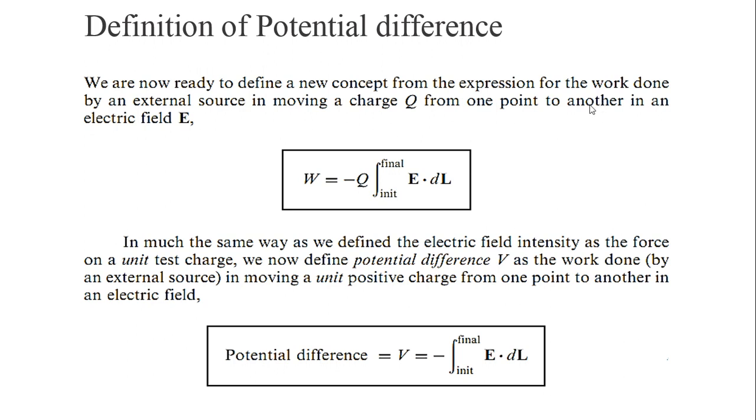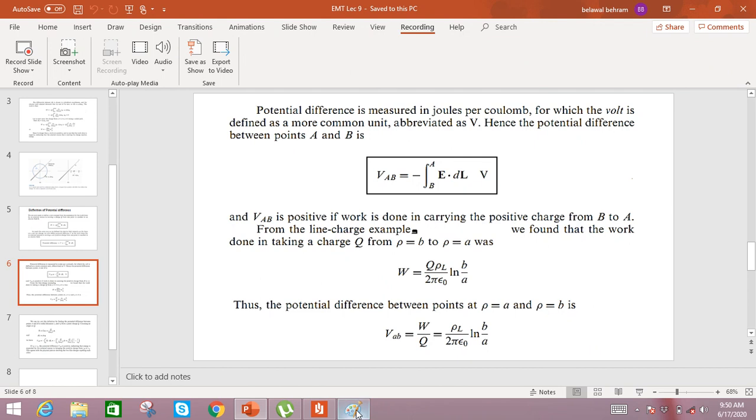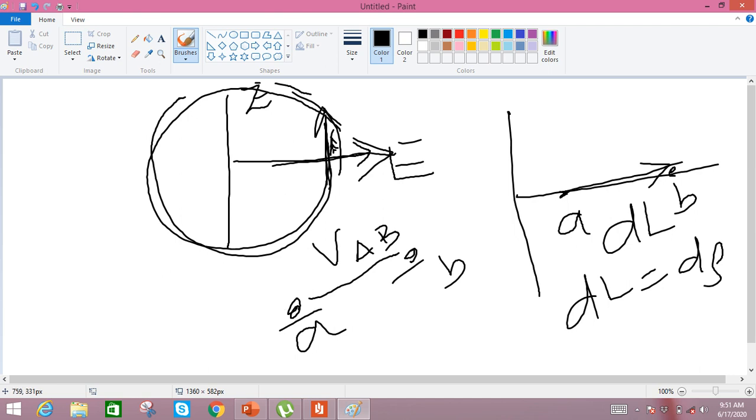What does it mean? It means that we have these 2 points, point A and point B. If I want to calculate the potential difference between these 2 points, VAB, it means that both these points are in the electric field.